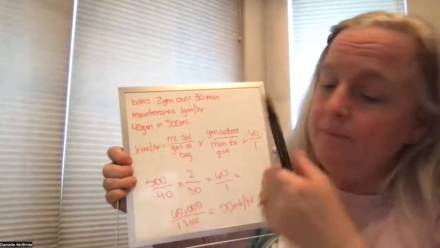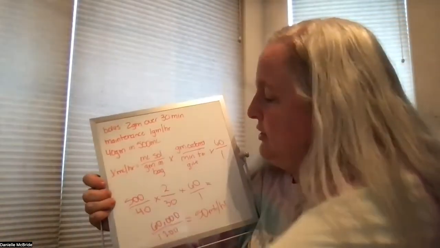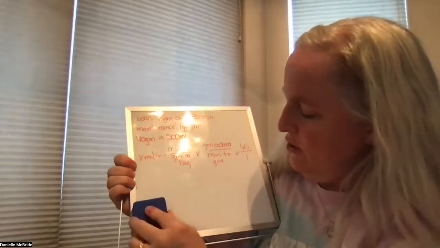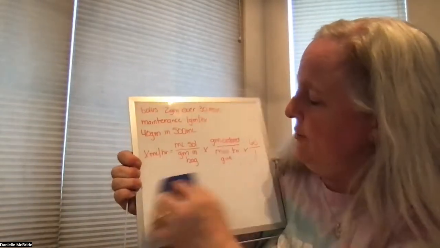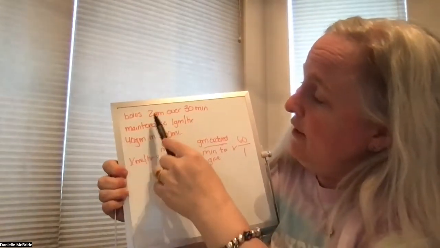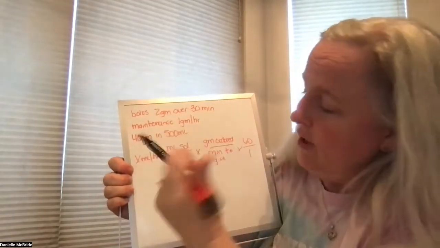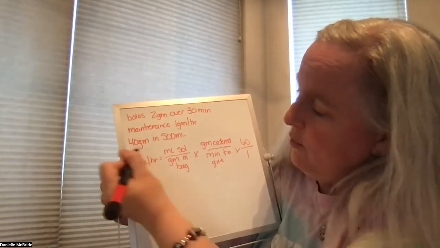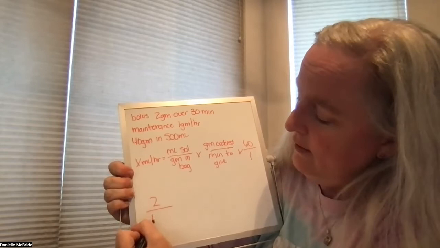Okay, now, if you would like to solve this problem not using the formula, you can do 1 over half. I'm going to leave the formula here because we're going to use it again for the maintenance in a minute. So you can do 1 over half. What I want is 2 grams, but what I have is 40.